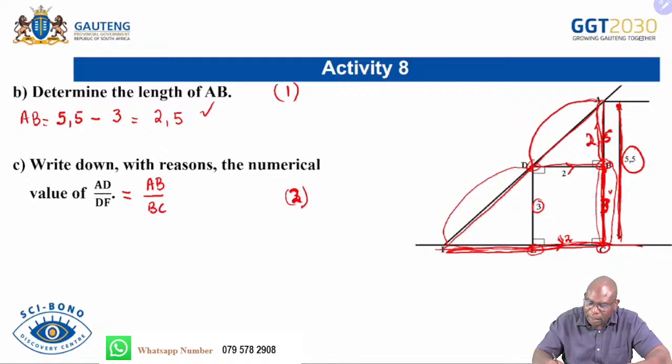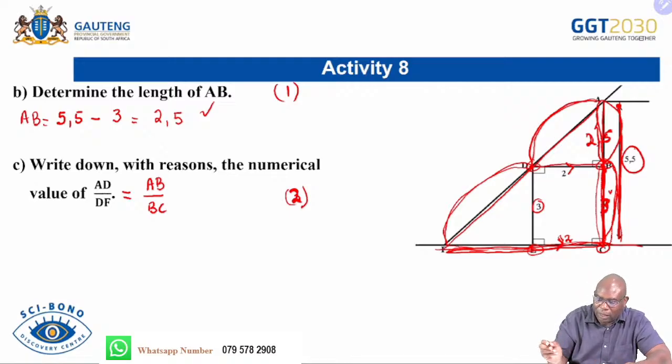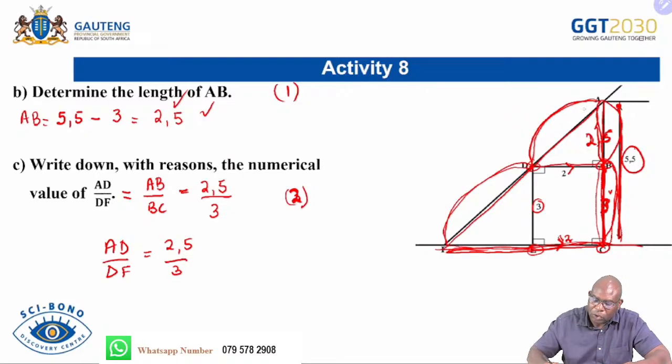So I'm saying AD over DF is the same as AB over BC. And that is not the length. So let's check what is our AB? Our AB is 2.5, we got it there. BC is going to be 3. So meaning that my AD over DF equals 2.5 over 3. So that's 2.5 and that is 3.